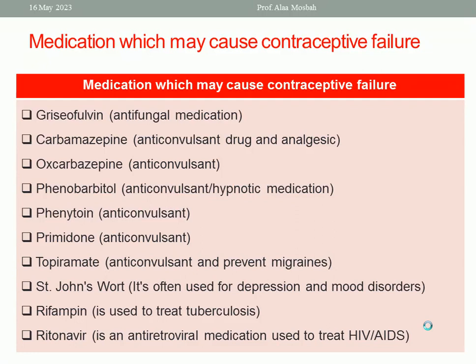Okay, because of this interaction, as I said before, this medication decreases the effectiveness of contraceptive hormone. Griseofulvin, one of them, is an antifungal medication. Carbamazepine, anticonvulsant drug, also used as an analgesic in trigeminal neuralgia.